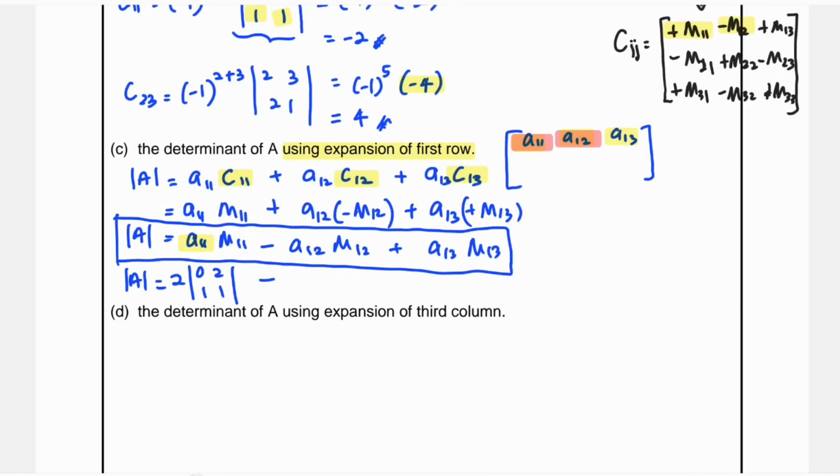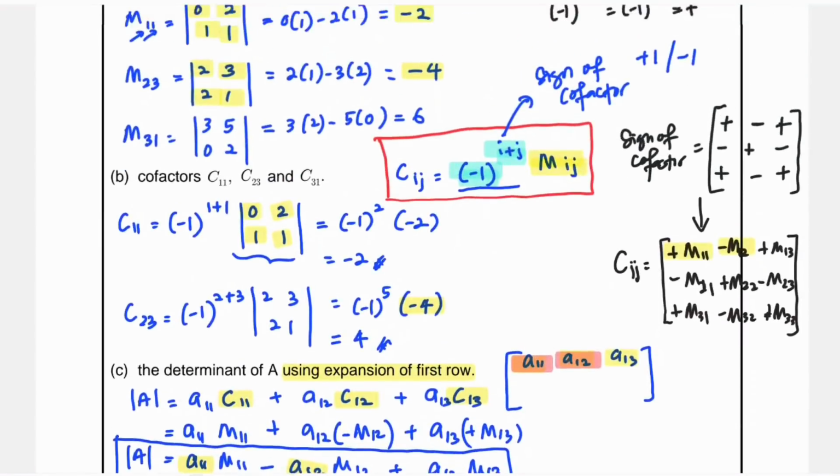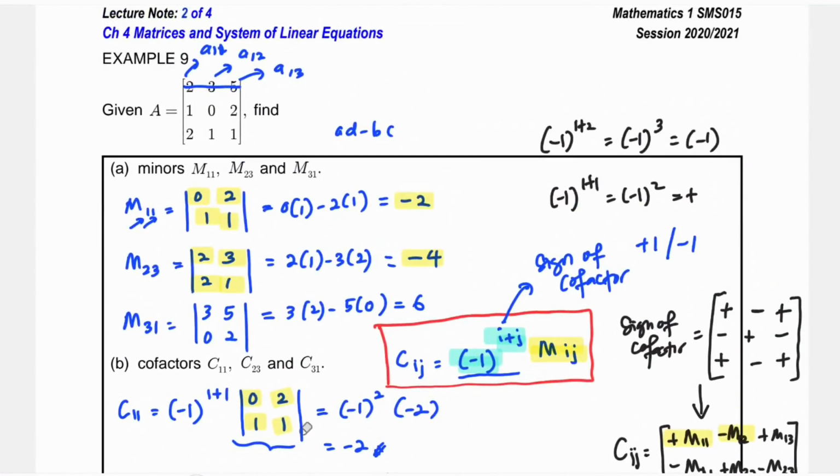Minus A12. A12 is 3, multiplied with the minor 12. For minor 12, you delete the first row and second column, so the remaining elements are 1, 2, 2, 1.